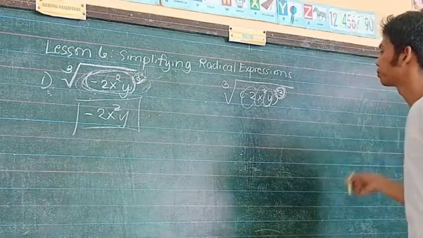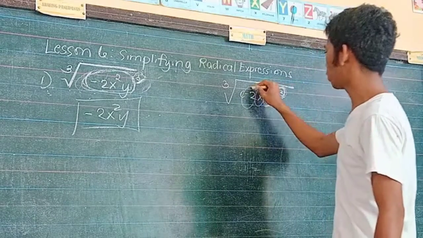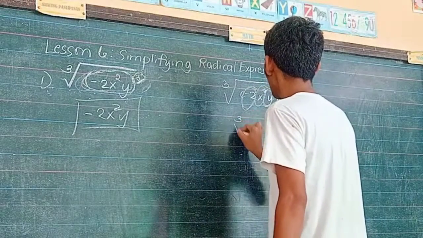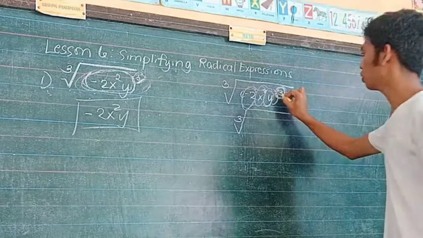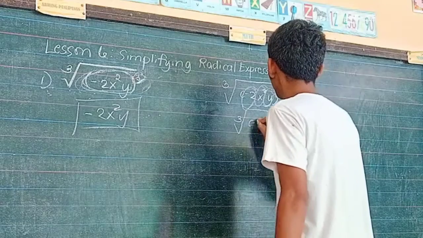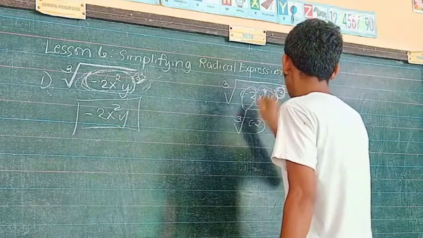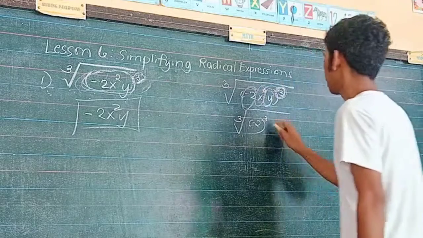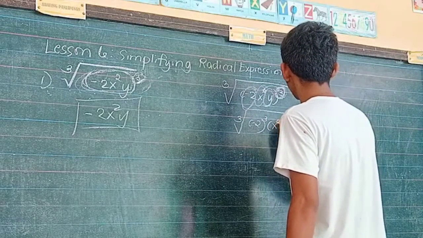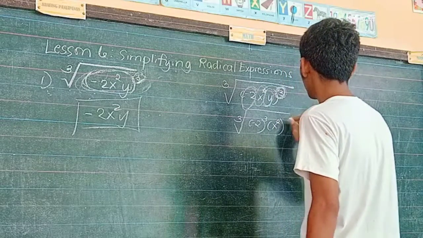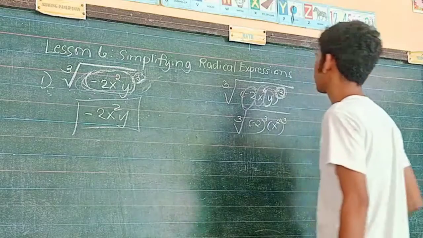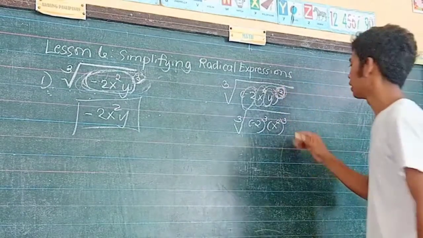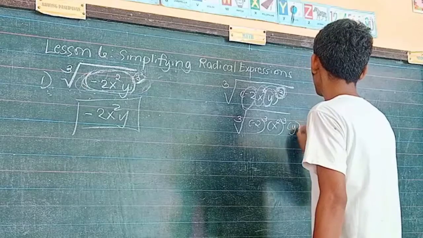So maguna kaning negative 2: cube root of negative 2 to the power of 3. Sunod, i-distribute siya nimo ni x: quantity x squared to the power of 3. Sunod, lastly, ato siya i-distribute ni y: quantity y to the power of 3.